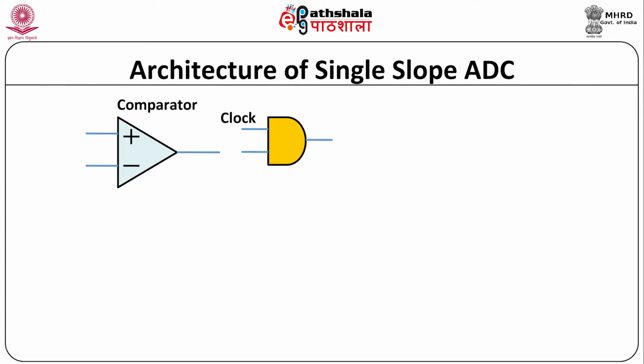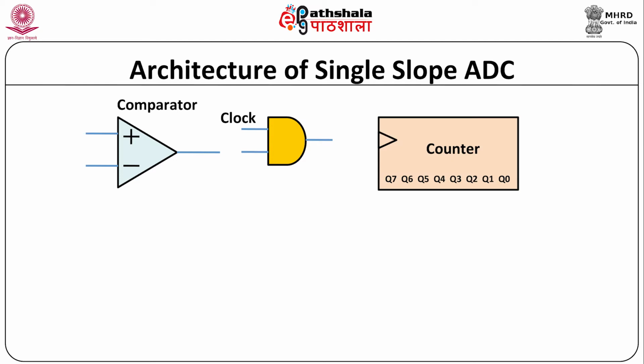AND gate is the second block of the ADC. One of the inputs of the AND gate is the clock. The clock pulses will be passed to the output of the AND gate only when the other input of the AND gate is active high. The third important block of the ADC is the binary counter.